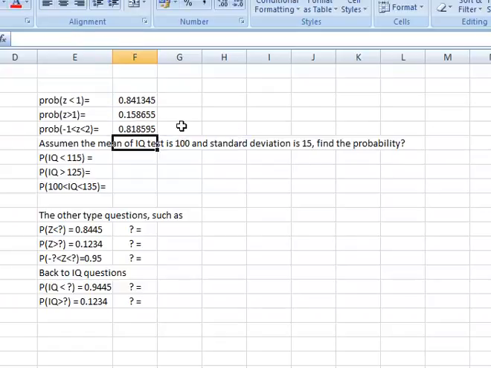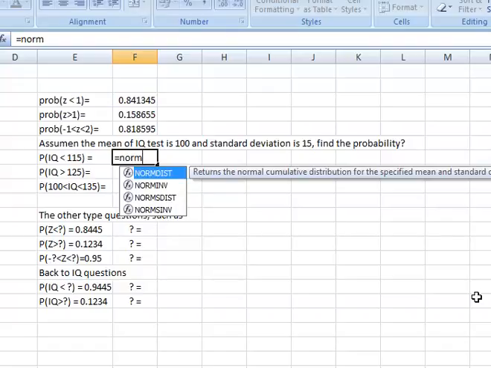So that's the probability. Now, if we have a non-standard normal distribution, for example, we assume the mean of an IQ test is 100 and standard deviation is 15. We want to find those probabilities. So what's the probability IQ less than 115? This is not a standard normal distribution, so we use equal NORM.DIST.